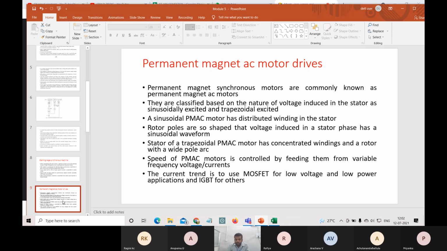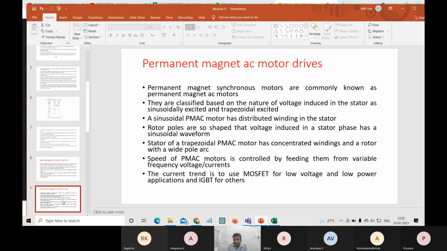Based upon that, the permanent magnet motors are classified. Permanent magnet AC motors or permanent magnet synchronous motors are classified into two types: sinusoidally excited and trapezoidally excited.